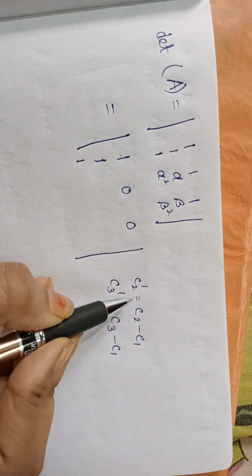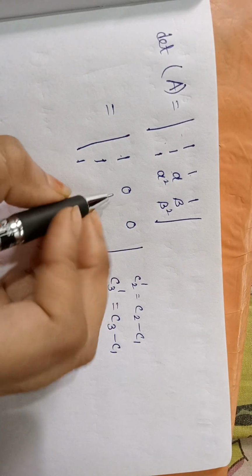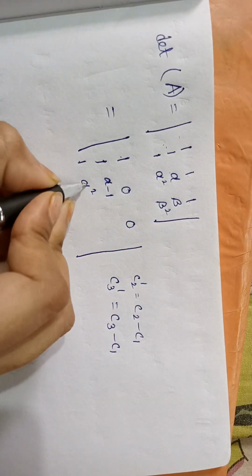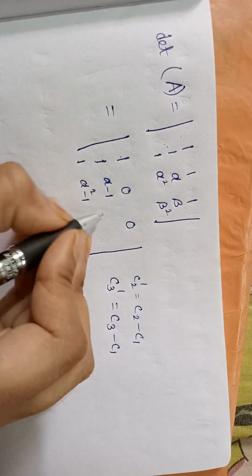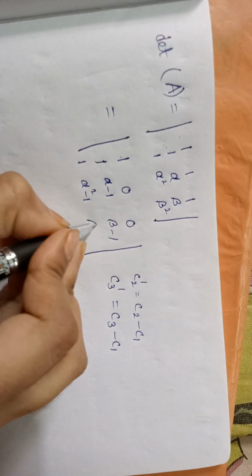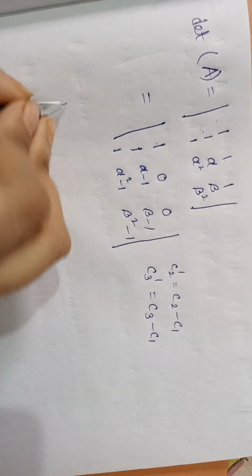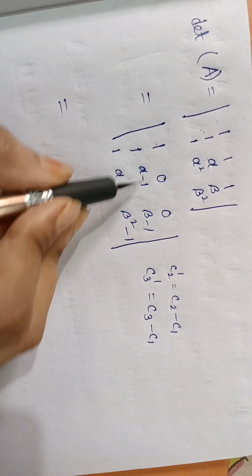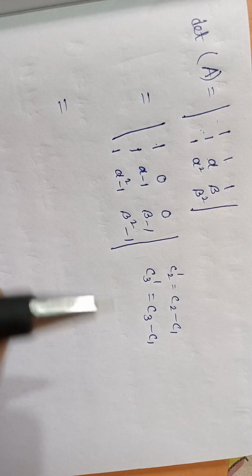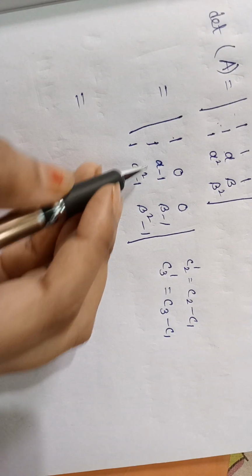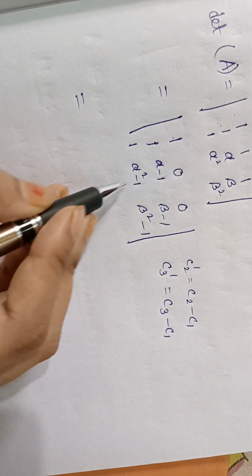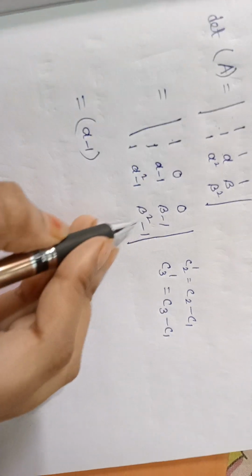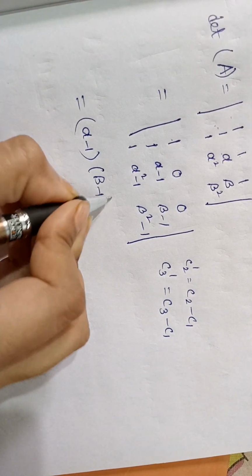Next, by C2 minus C1 we will get alpha minus 1, alpha square minus 1, and similarly beta minus 1, beta square minus 1. Then just by using the determinant formula, for 1 into this into this, but before that, if we take common, see, from column 2 we can take common alpha minus 1, and from column 3 we can take common beta minus 1.